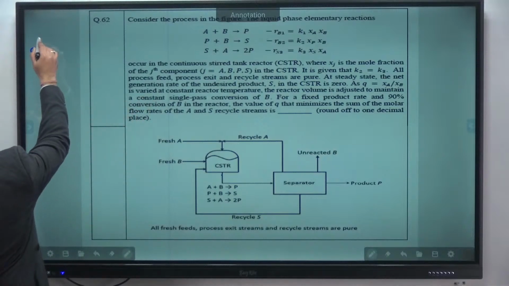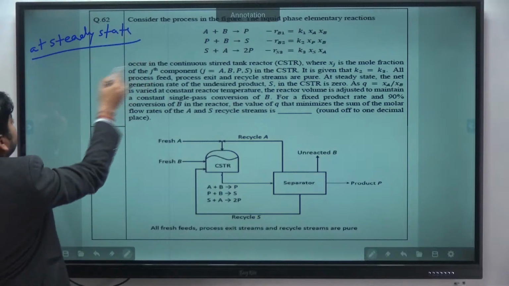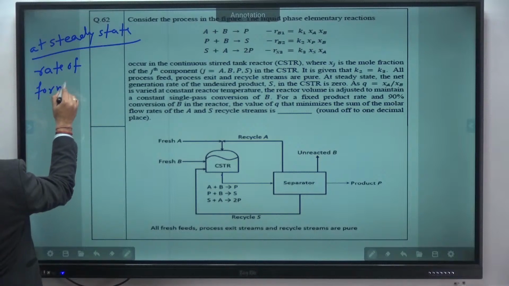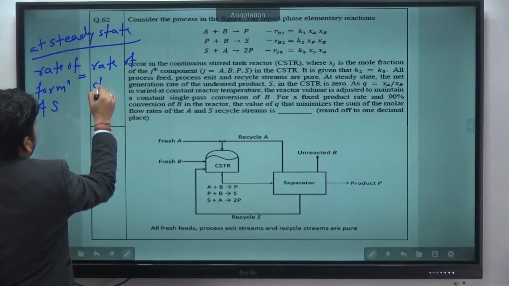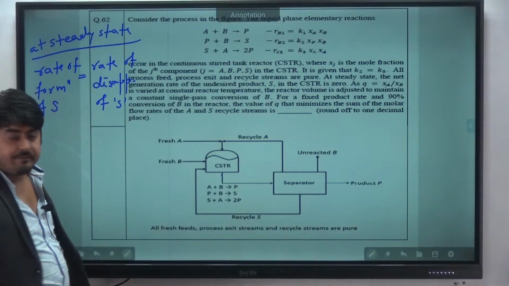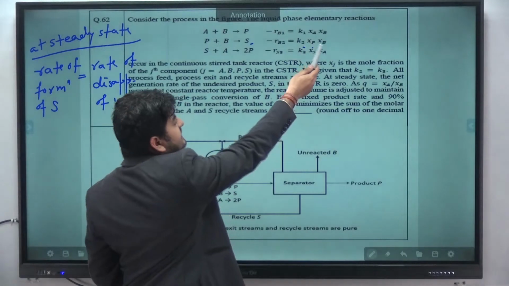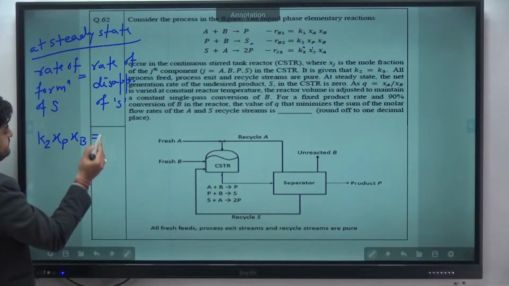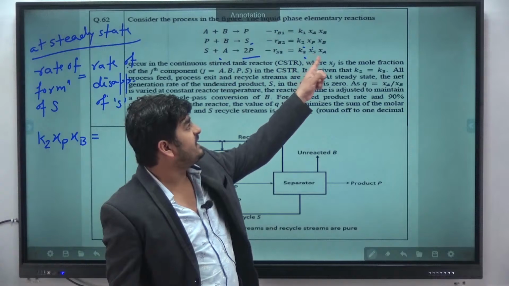So that means, at a steady state, if you look at this expression, the rate of formation of S will be equal to the rate of disappearance of S. Okay, and the rate of formation of S we can get from the second reaction, which is equal to K2 XP XB, that is equal to the rate of disappearance of S, which we can get from step 3, that is K3 XS XA.